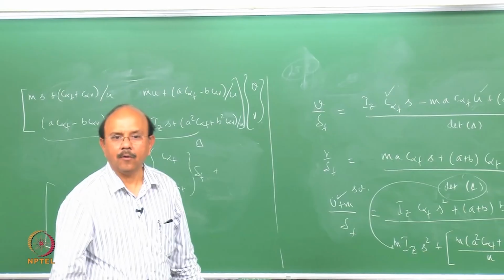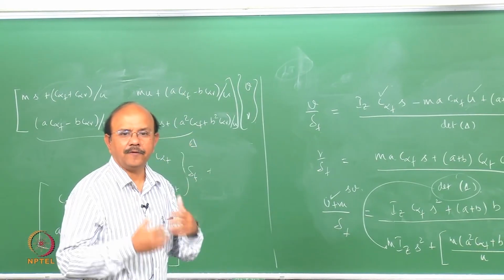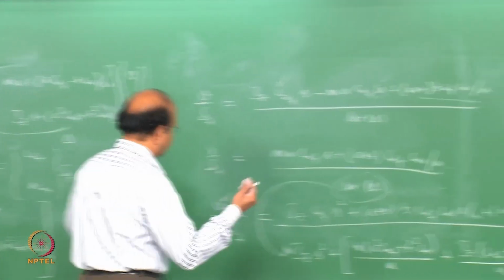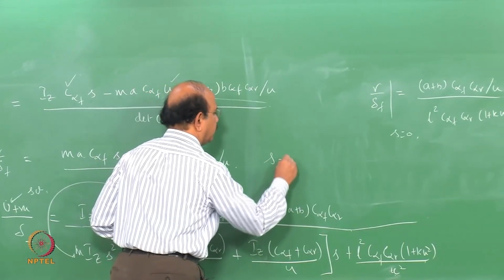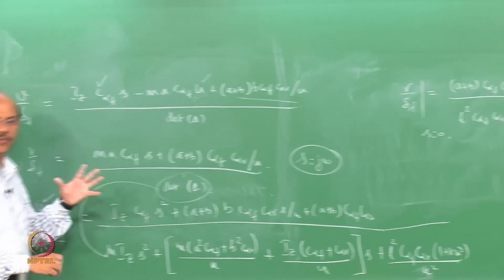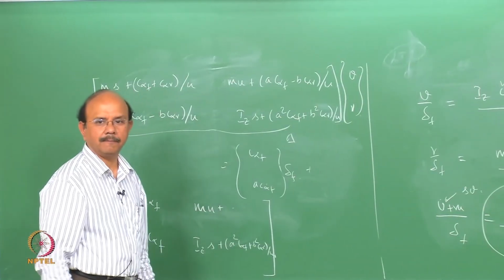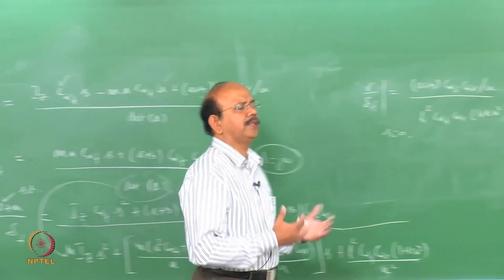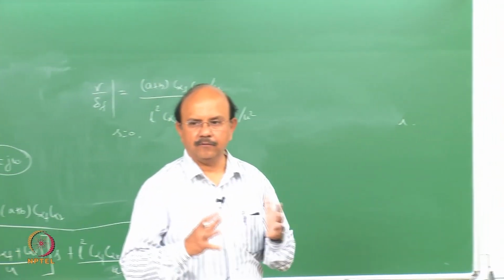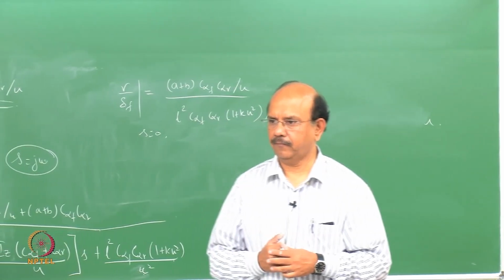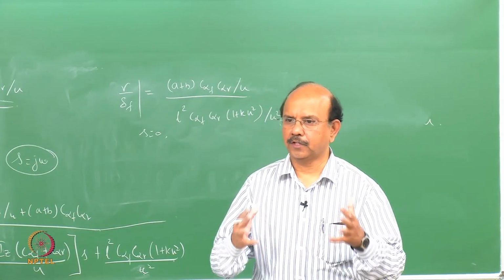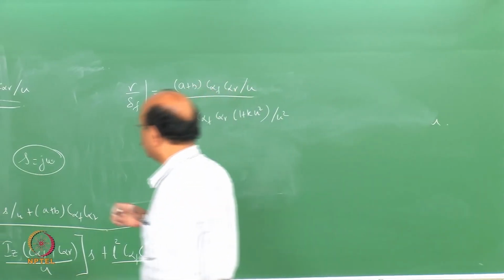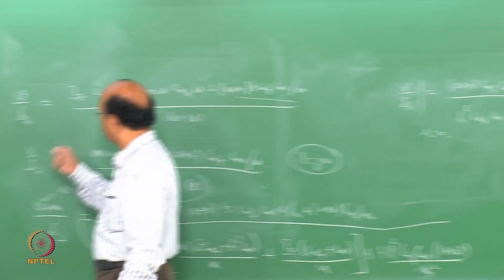Now, all of you know that if I want to convert this into a frequency response function, what do I do? S is equal to j omega. Fantastic. So I'll substitute S is equal to j omega in order to convert it into a frequency response function. So what do you pick up from that? When the frequency is high, as the frequency goes higher and higher, what happens to this response and what happens to this response?